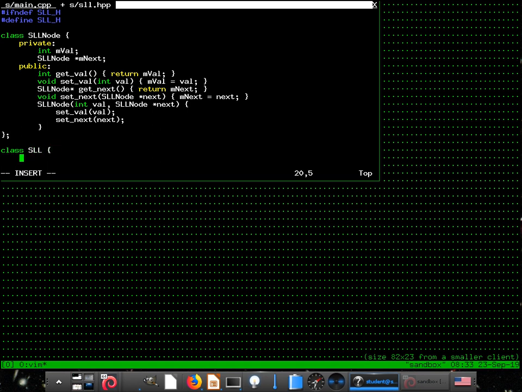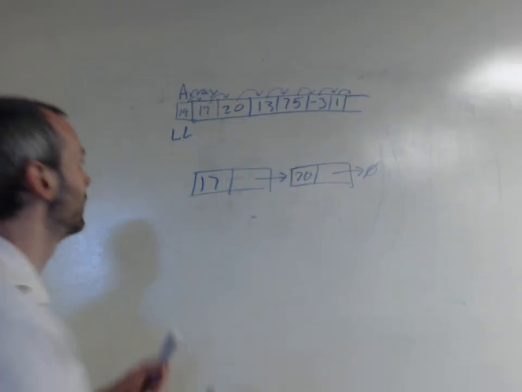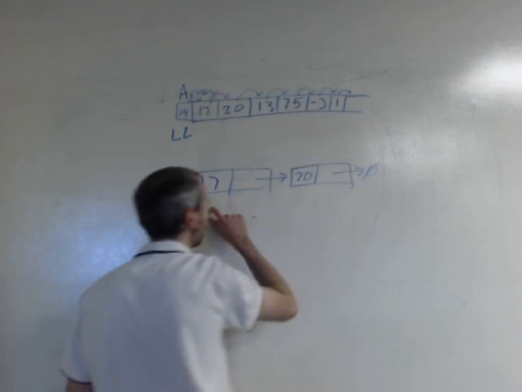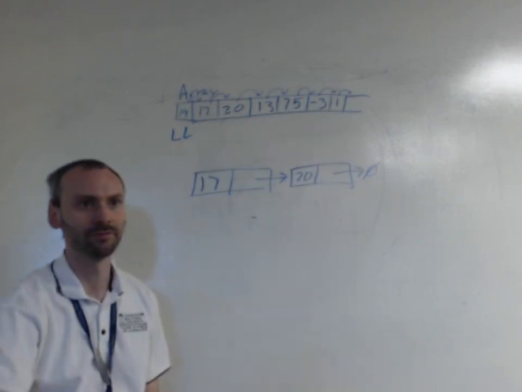Called singly linked list. And this is to represent the entire linked list, whether it has 1 elements, 2, or 40 billion.